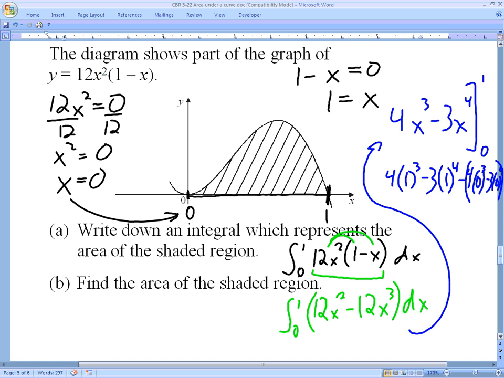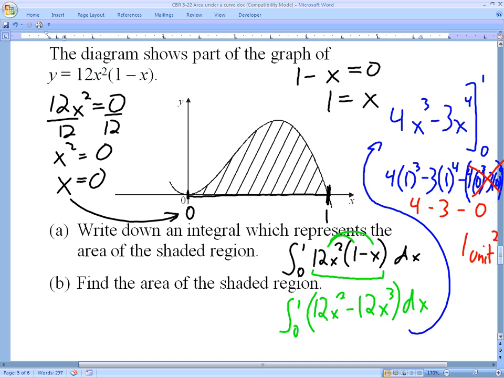And 0 to the fourth power times anything is 0. So this whole thing just becomes 0. And then these 1s are beautiful. So 1 cubed is 1, so 4 times 1 is 4. 1 to the fourth is 1, and negative 3 times 1 is negative 3. And this is all 0. So 4 minus 3 minus 0 gives me 1 unit squared, or 1 square unit. Awesome.